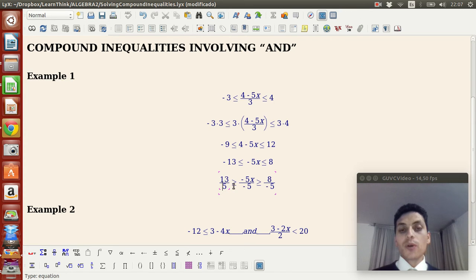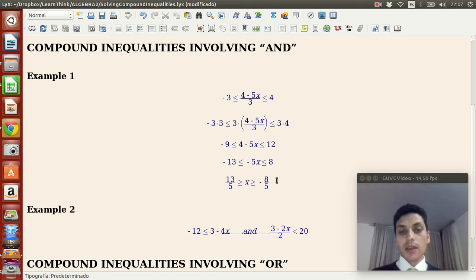So this is x less than or equal to 13 fifths, and x greater than or equal to minus 8 fifths. And this is the answer.